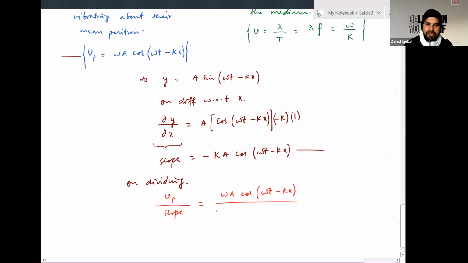And for slope, we have minus kA cos (omega t minus kx). So A will cancel out, cos (omega t minus kx) will cancel out. So you're left with just omega by k, which is nothing but velocity of wave. So from this, we can say particle velocity is minus of slope times wave velocity.